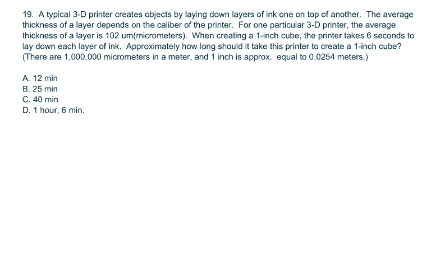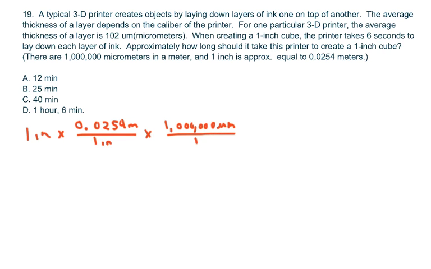I'm going to do that down here so we have room. We're going to have 1 inch times 0.0254 meters over 1 inch, times 1 million micrometers over 1 meter, times 1 layer over 102 micrometers.